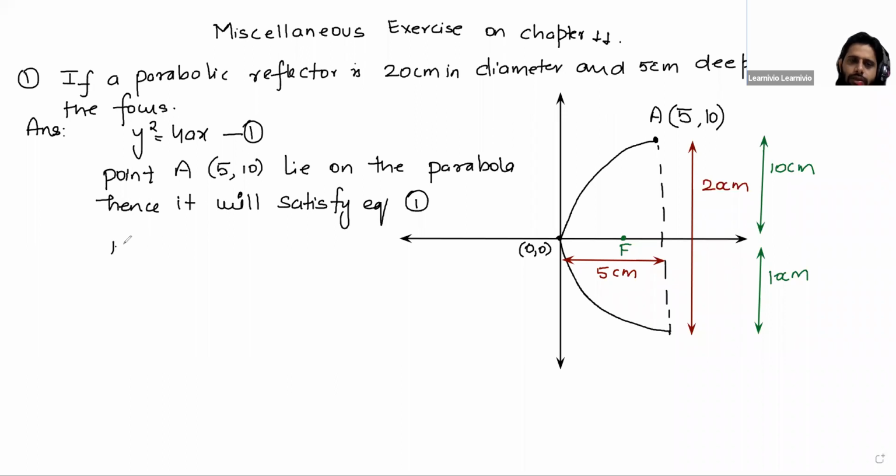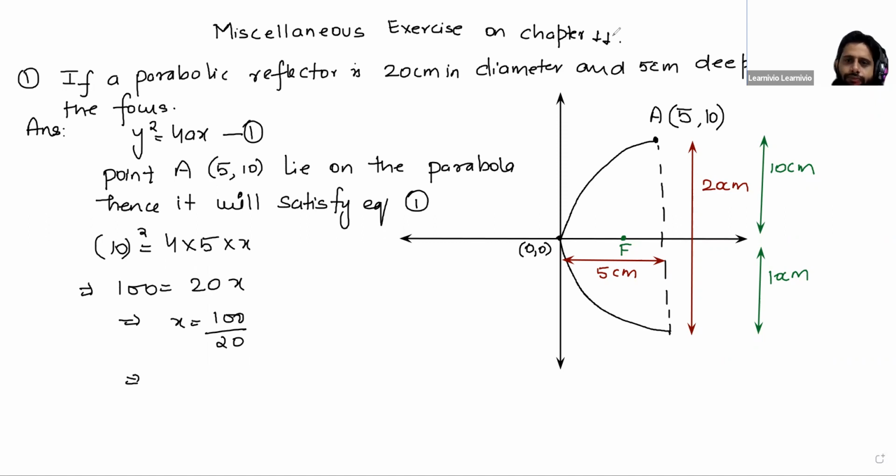So you can put this point over here. So you will get 10 square is equal to 4 into 5 into x. You will get 100 is equal to 20x. Sorry, in place of x, you need to put this 5.